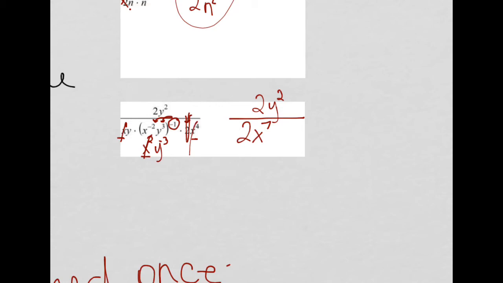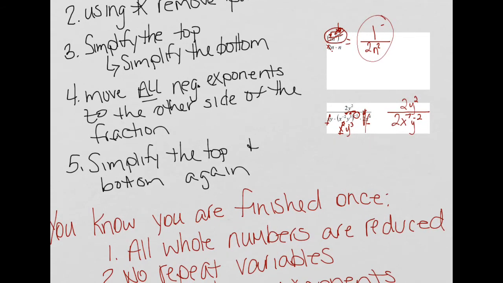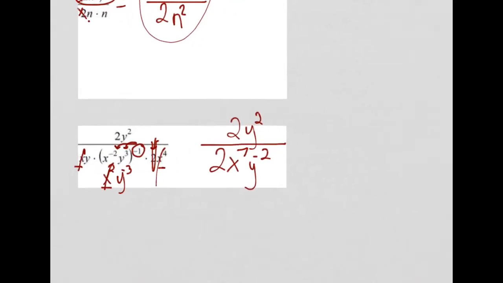So now it's time to look to the y's. I have 1, and this one's a -3. So it's really going to be 1 plus a -3, which ends up being a -2. So let's look and see what our next step says. Move all negative exponents to the other side of the fraction.